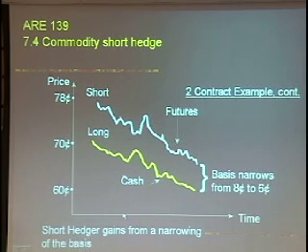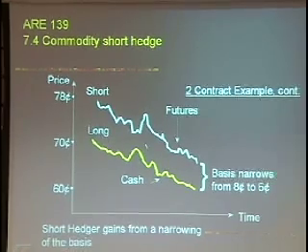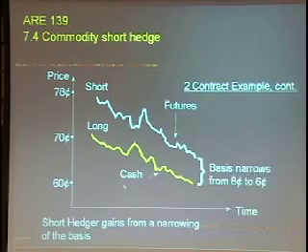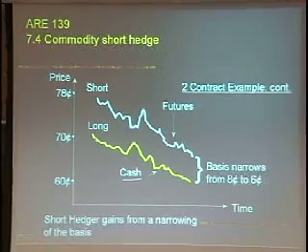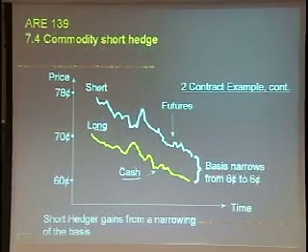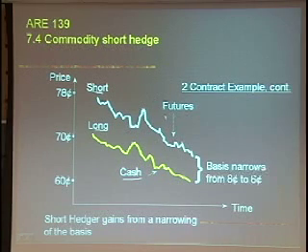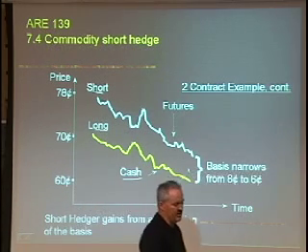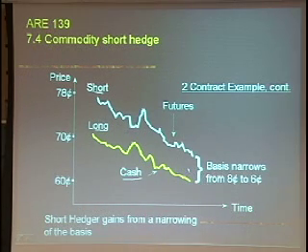So let me go back to the graph I started with this morning, just to drive this home. So here we're long on the cash side, we're short on futures, and the basis narrowed. If the basis narrows and you're making a profit on the futures line, and the two lines are converging, your profit on the white line is going to be larger than the loss here, right?